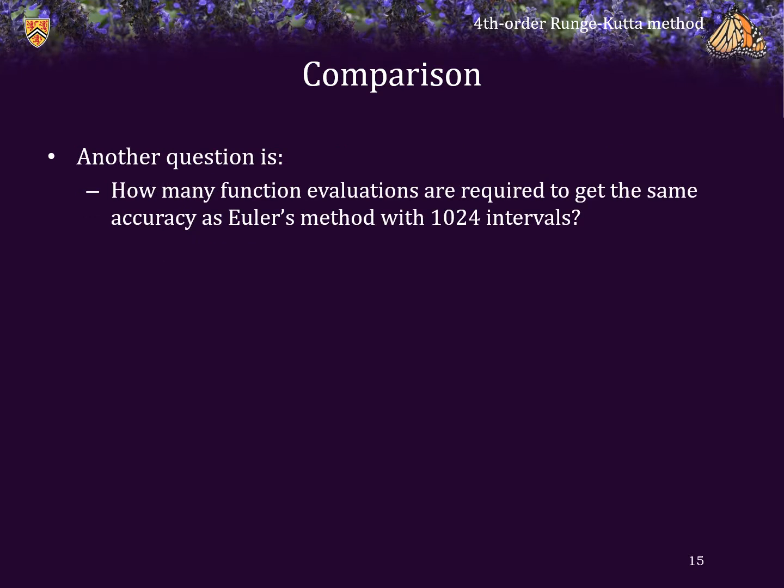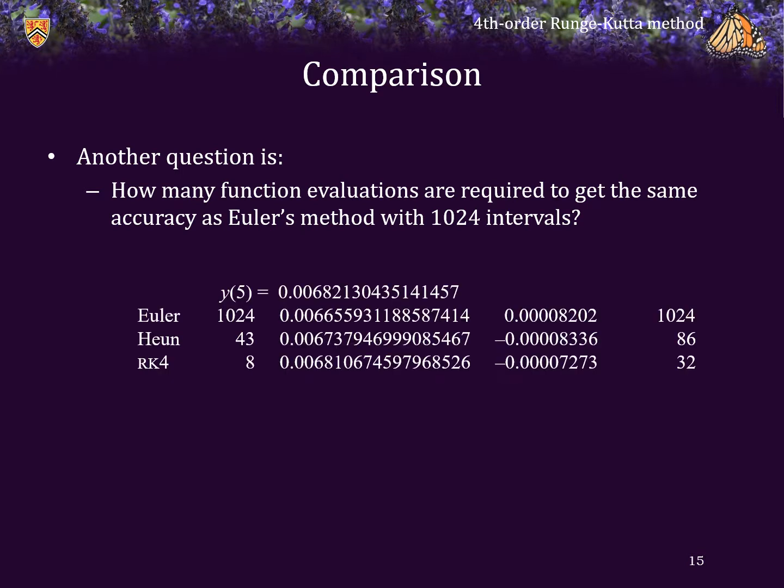Another question we may ask is, how many function evaluations are required to get the same accuracy as Euler's method with 1024 intervals and therefore 1024 function evaluations? Well, for that first initial value problem, once again, for 1024 intervals and 1024 function evaluations, we had a reasonably large error nevertheless.